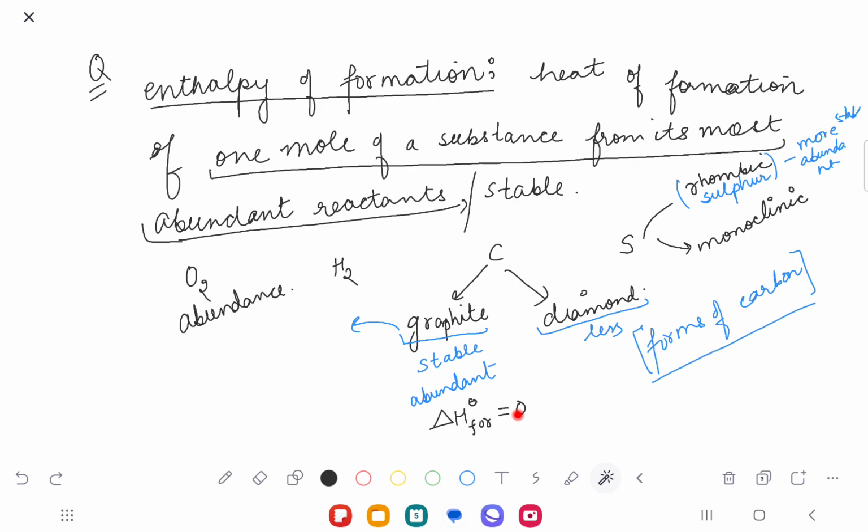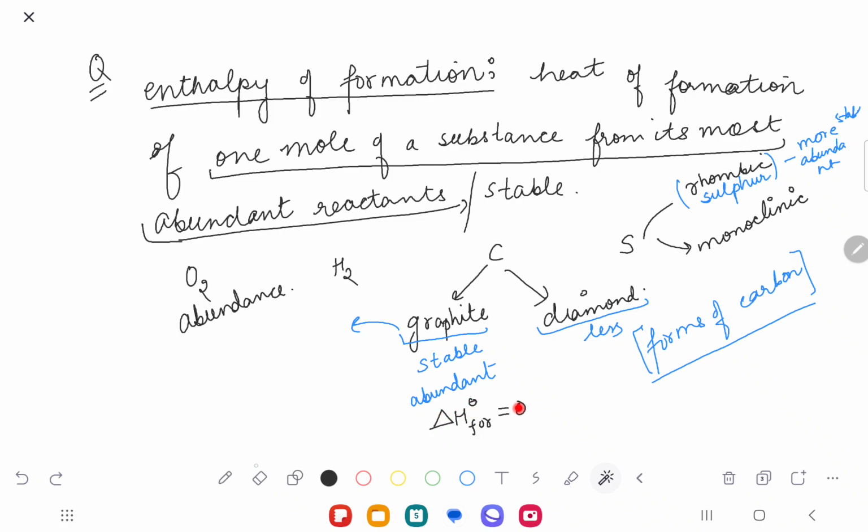Same is the case with sulfur. If something is more stable and existing in excess quantity, obviously nature is supporting the formation of that particular element. I do not know what natural process is supporting it, so for me, it is just existing.